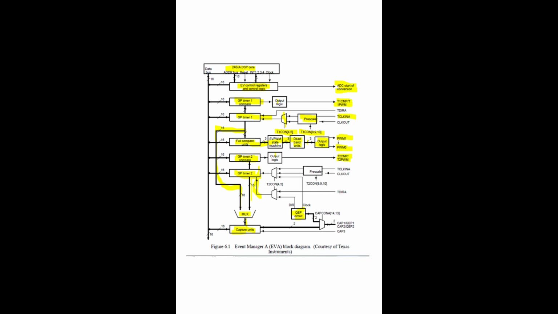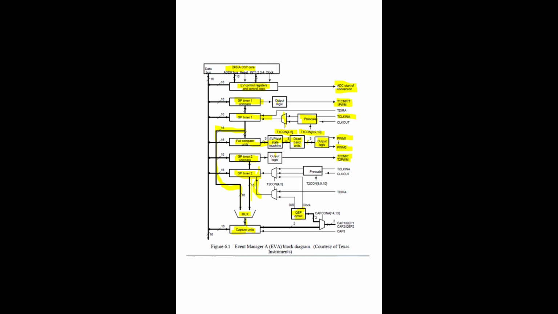Here the prescaler, I already told you, will change the clock frequency input to the timer as well as to the DSP controller. At what speed it has to work, whether with 2 megahertz or 4 megahertz or 6 megahertz or 8 megahertz, all that can be decided with the help of the prescaler.